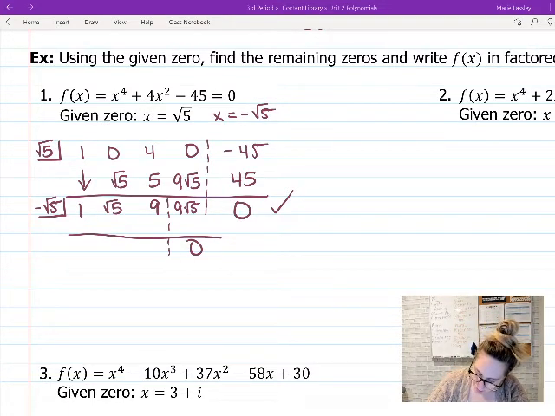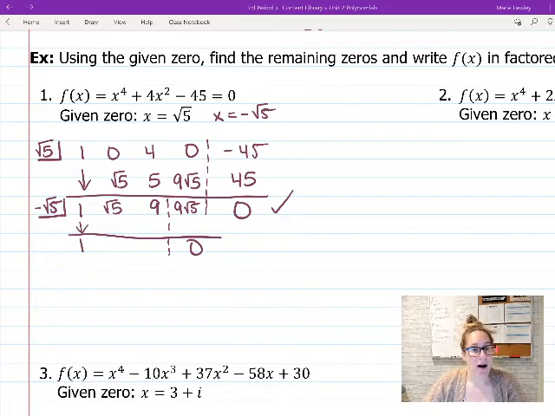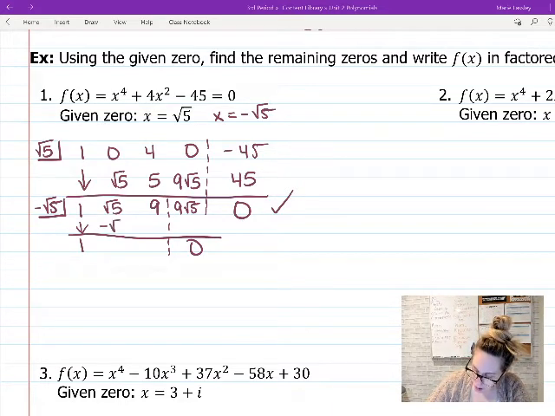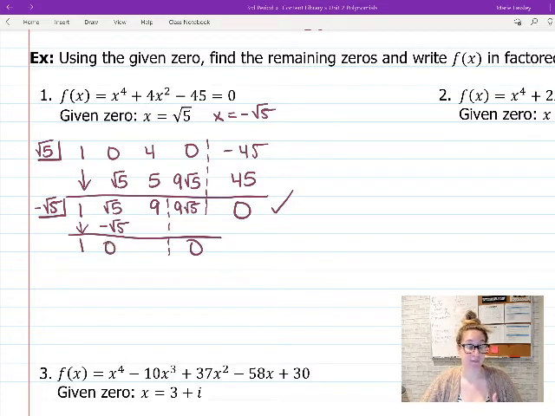All right, and I start by bringing down my 1. Now I multiply. Negative square root of 5 times 1 is negative square root of 5. I add down, I get 0. Next, I have negative root 5 times 0, that's 0. I add down, gives me 9. Now I multiply. 9 times negative square root of 5 is negative 9 root 5.